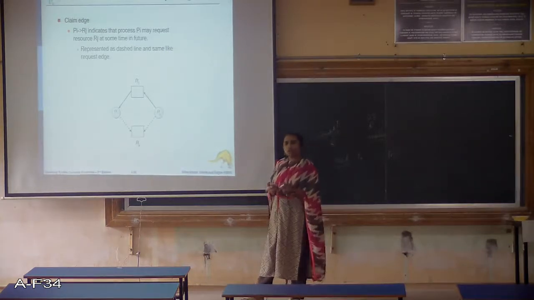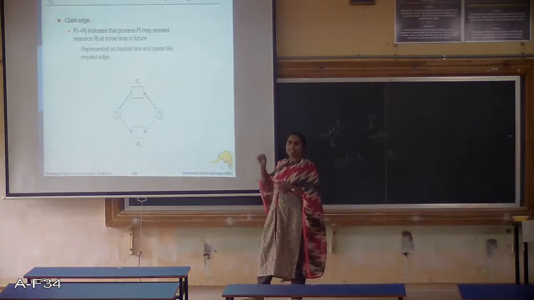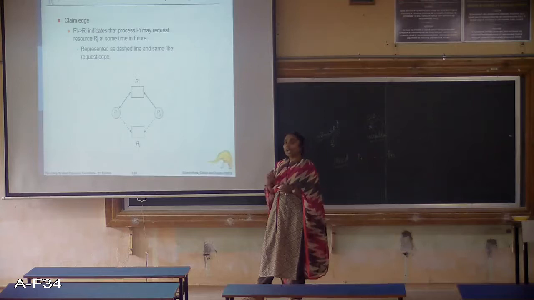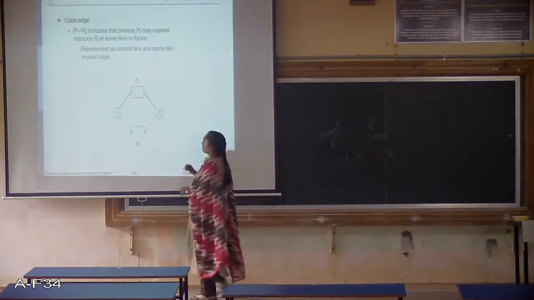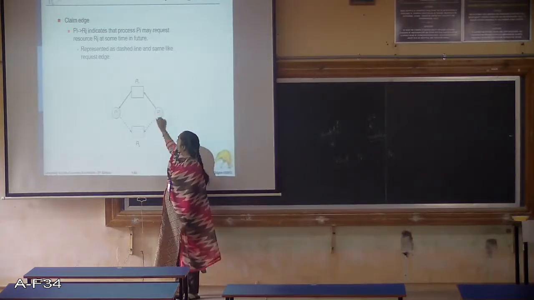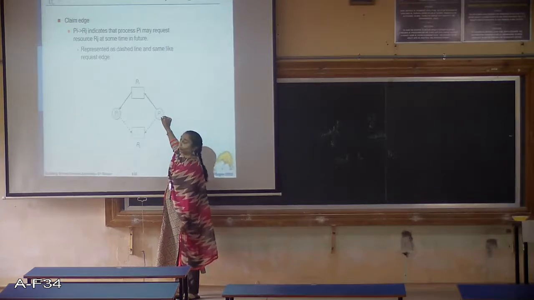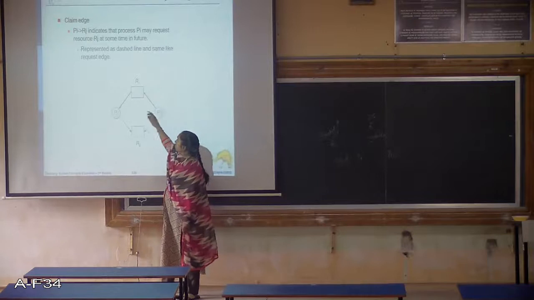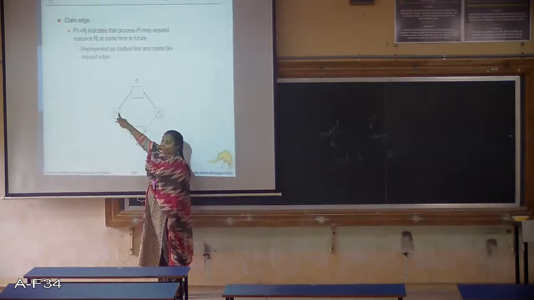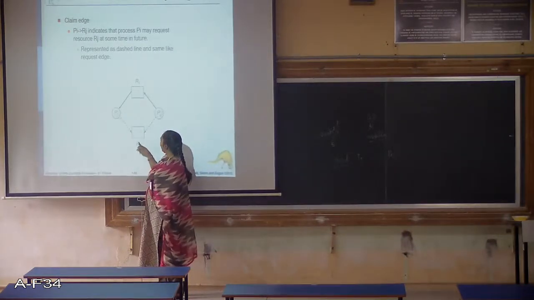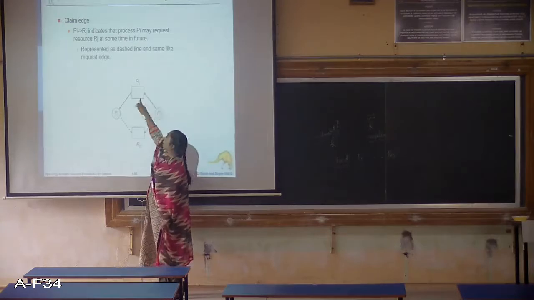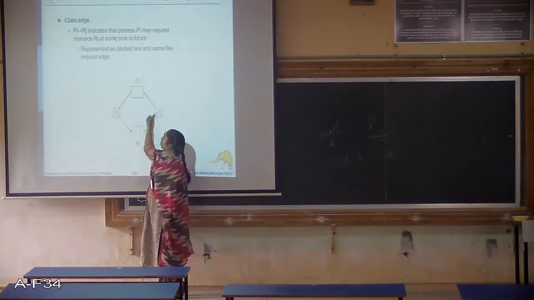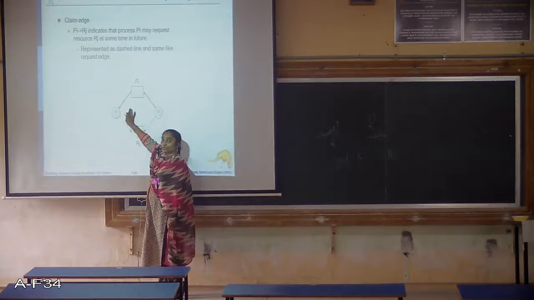So how will you be able to avoid a deadlock? You can avoid a deadlock by seeing this graph: if I allocate resource R2 to process P2, then this system will go into a deadlock. Why? Because R1 is allocated to P1, P1 is requesting R2, but R2 is allocated to P2 and P2 is requesting R1. So there is a circular wait.